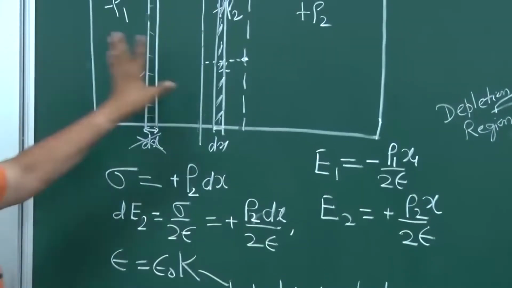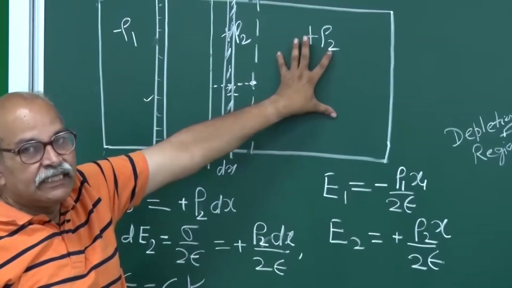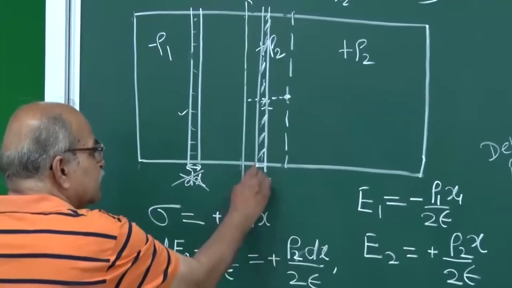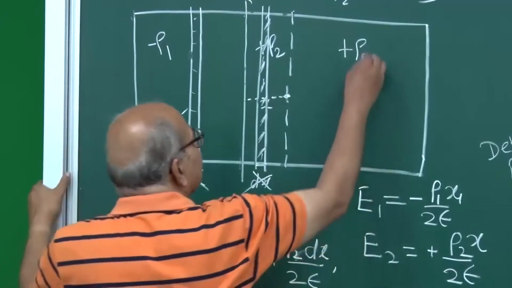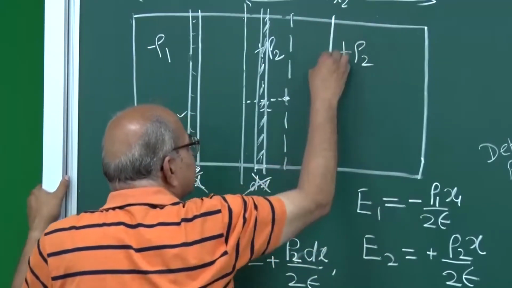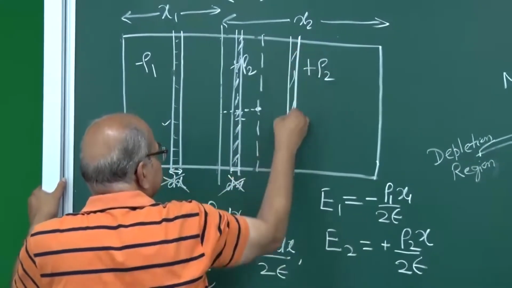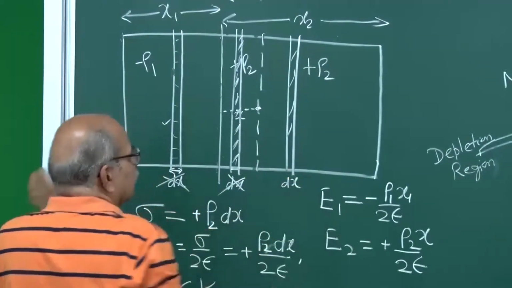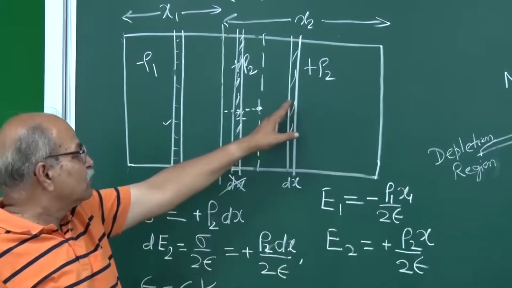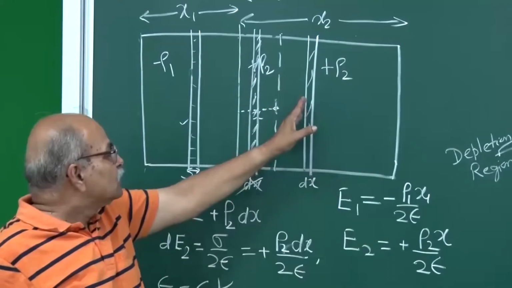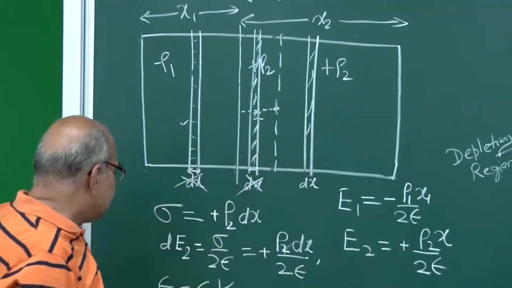What remains is the electric field due to this part, so let's calculate that also. This dx is also over. Now let me take a layer here, and calculate the electric field here and then integrate from this point to that point. So once again you can write dE3.